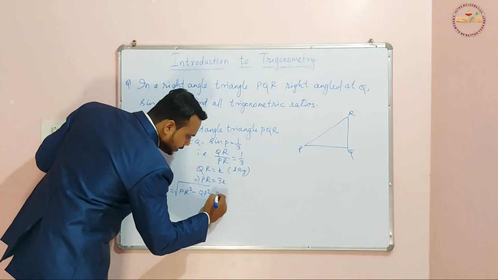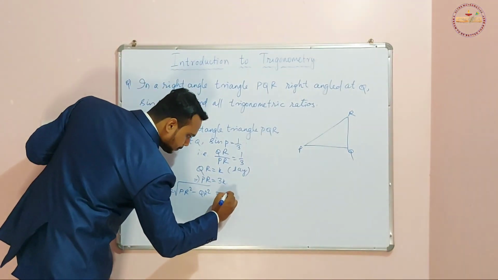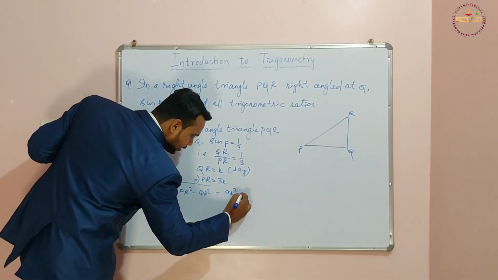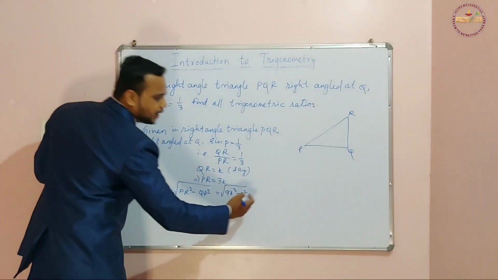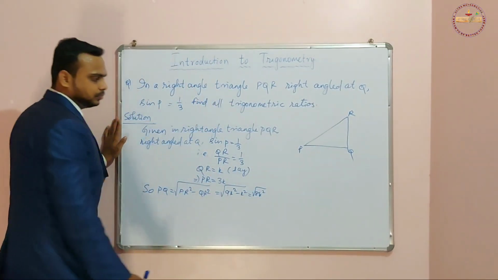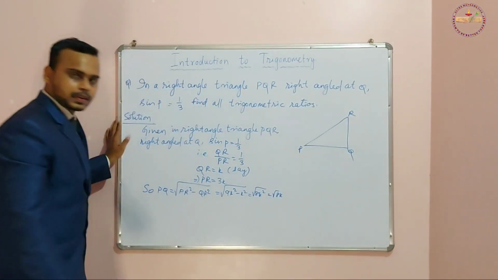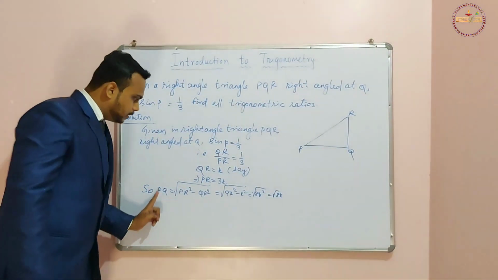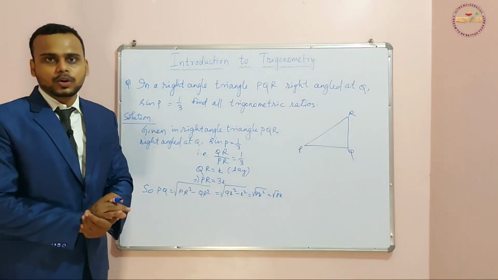So that is equal to the square root of 9k square minus k square, which is the square root of 8k square, or root 8 k. Now you have PQ, QR and PR, so you can find all the different trigonometric ratios.